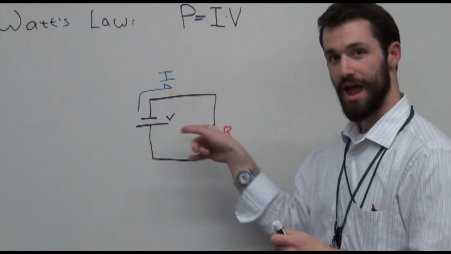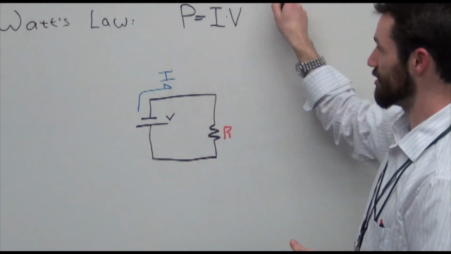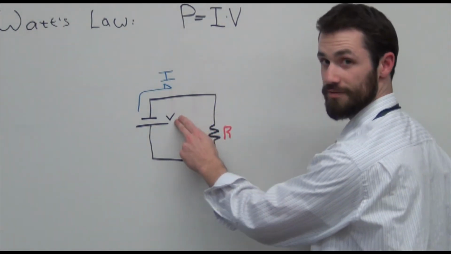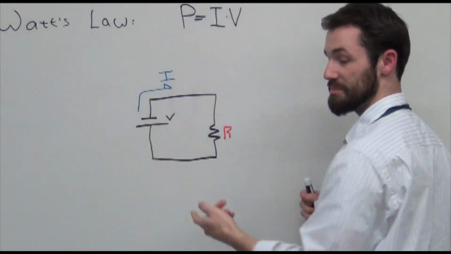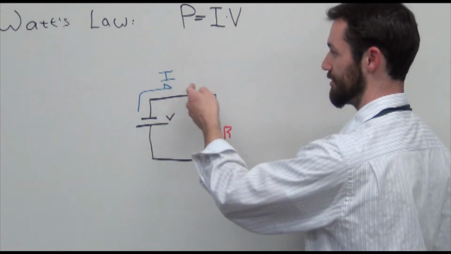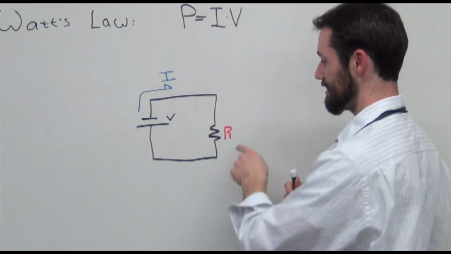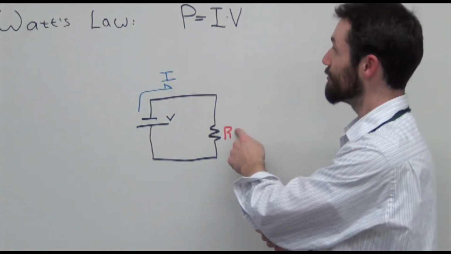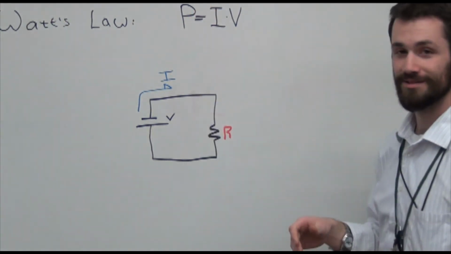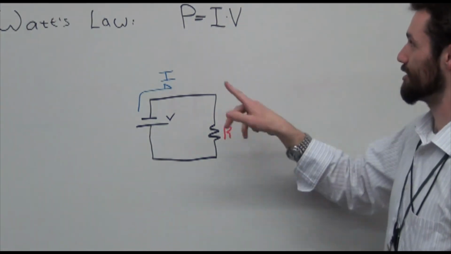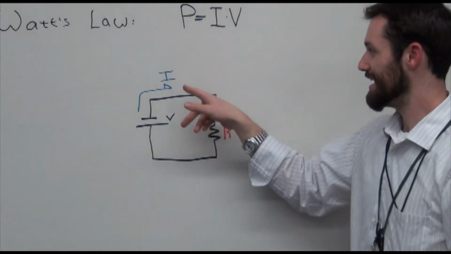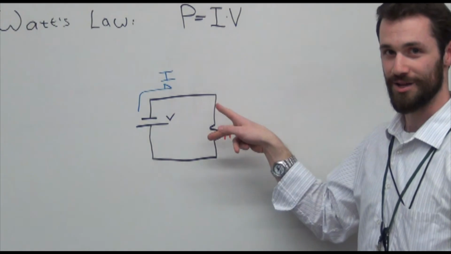Okay, so here are our three variables that we know from Ohm's law up here. If we have the voltage V being generated by the power supply, the current flowing around it, I, and then a resistor, R, very simply we can say that Ohm's law will provide us with the answer to any one of these values given the other two.